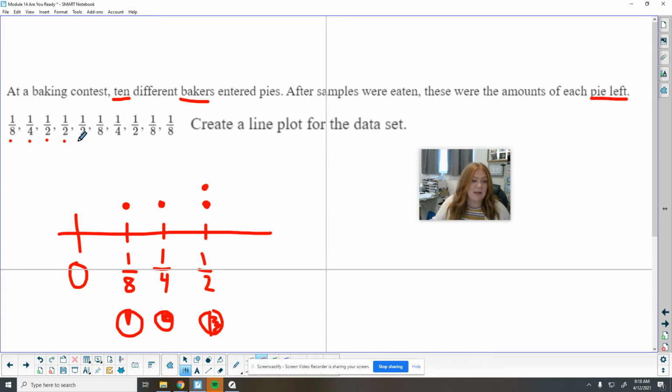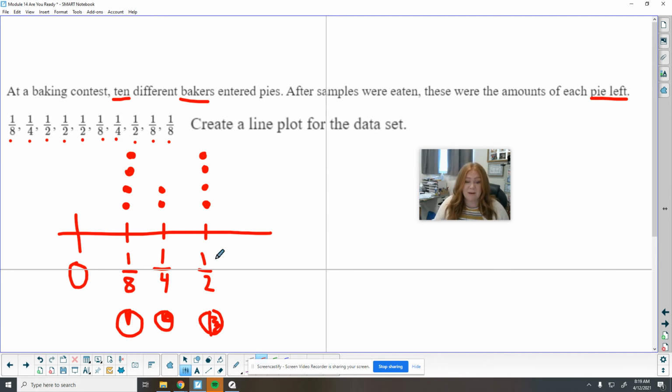So I've done that one. Our next one is 1/2. 1/8, right? So the second one should line up together. And then 1/4, 1/2 again, 1/8, and 1/8.